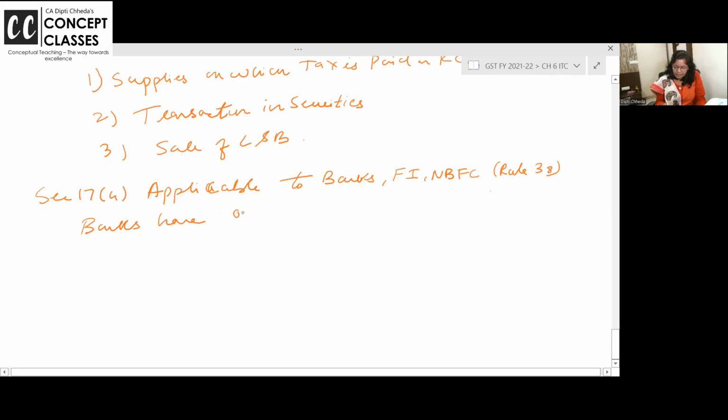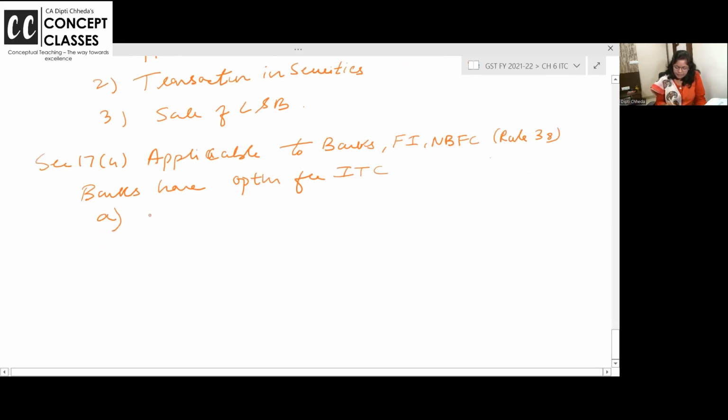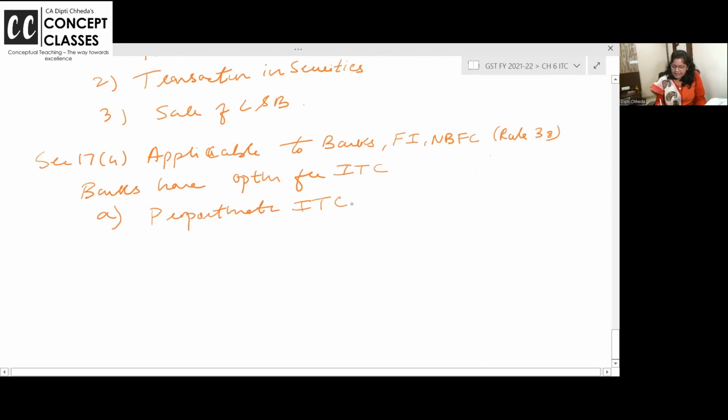Banks have option for ITC. A. Proportionate ITC as per section 17(2). पूरा credit मत लो, proportionate लो, which is frankly very difficult to get for the banks.